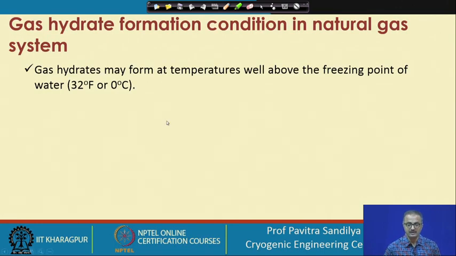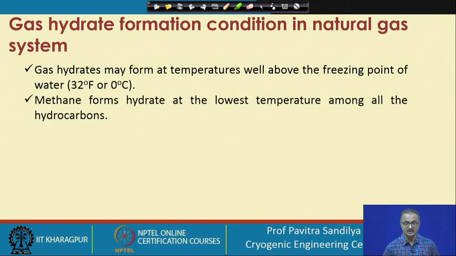Now, we find that in case of natural gas, the gas hydrates may form at temperatures well above the freezing point of water, and methane forms the hydrate at the lowest temperature among all the hydrocarbons, because it has the least molecular weight among all the hydrocarbons.